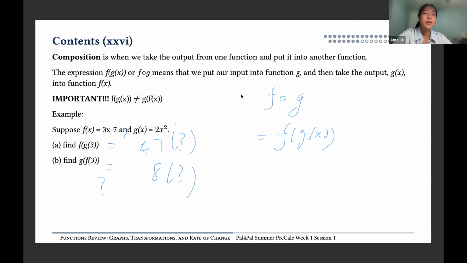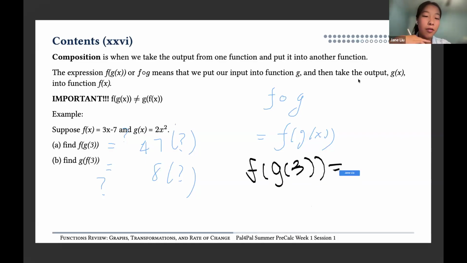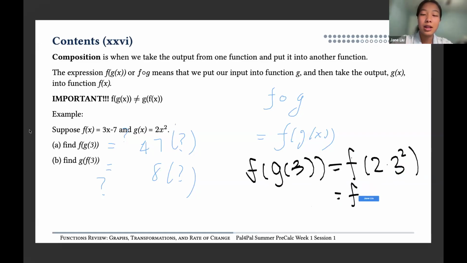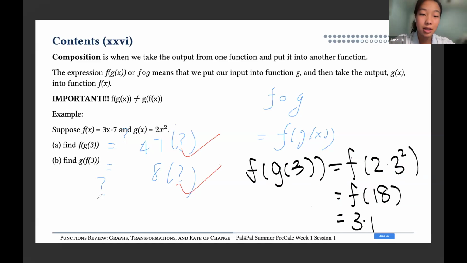For the first one, if we want to find f of g of 3, we calculate g of 3 first, that would be f of 2 times 3 squared, which will be 2 times 9, f of 18. And if we input the value 18 into the function f, we would get 3 times 18 minus 7, which is 47. So that is correct.